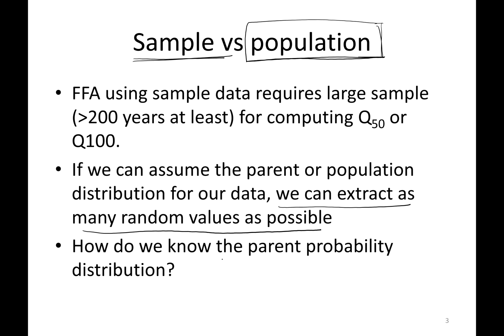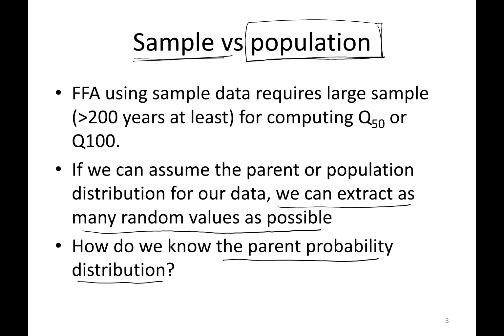Then the question is, how do we know what the parent probability distribution is for our data, or the probability distribution function for the population? If we know that, then we can extract as many values as we can, and we can create a large data set. So when we do this in practice, we actually don't extract all these random values. We use different ways to extract the information that we need.